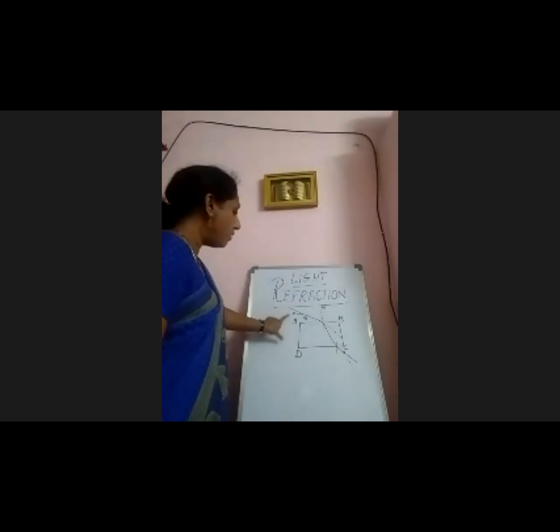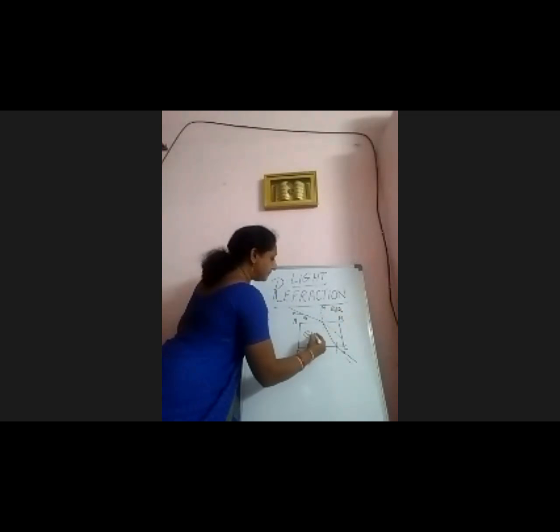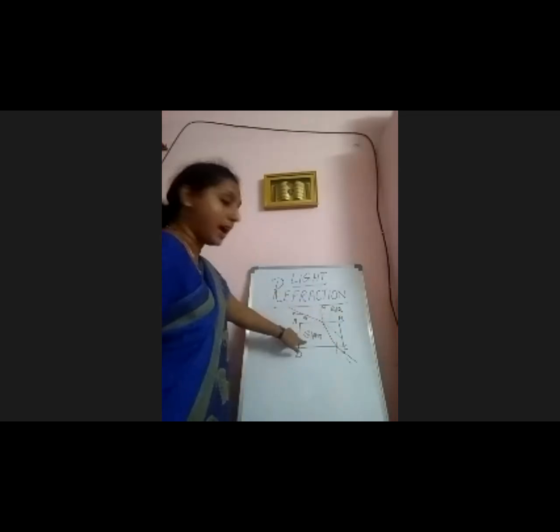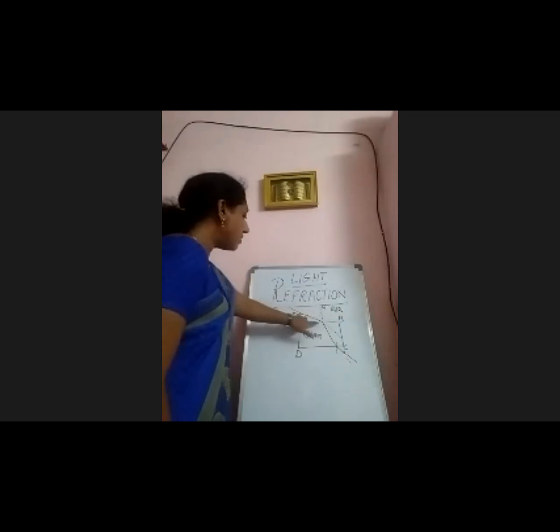Now here are two different mediums. Say this is air and this is glass. Air and glass, two different medium. Both are transparent, we know that. So what is happening?